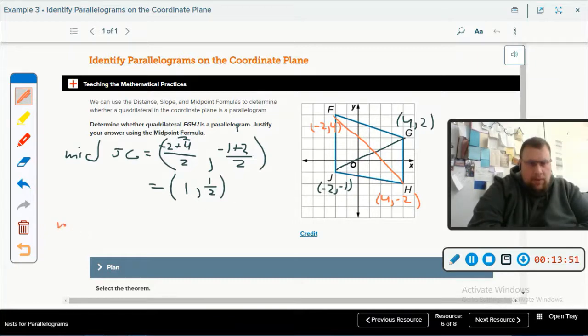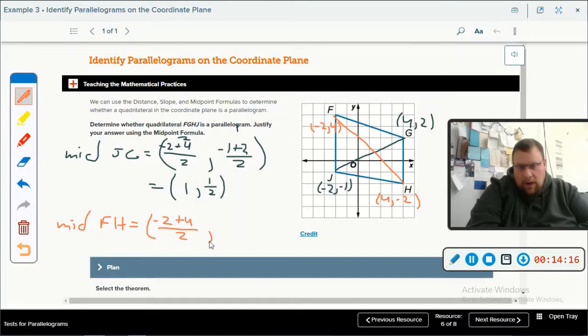So I want to find the midpoint of FH. We're going to average our x values, which is negative 2 plus 4. Doesn't matter what order you write those in, divided by 2. And then I'm going to average the y values, which is, again, negative 2 plus 4, divided by 2.